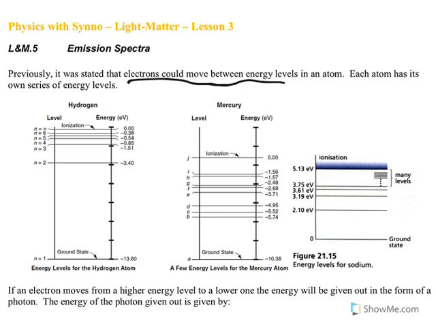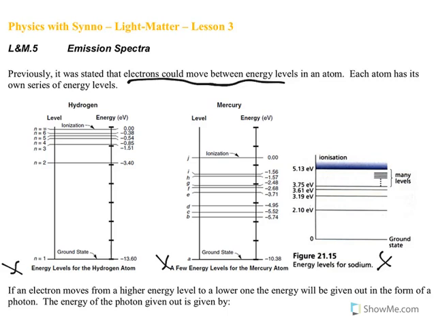Each atom, it turns out, has its own series of energy levels. Here are 3 examples: hydrogen on the left, mercury in the middle, and sodium on the right. You notice there's a couple of different ways it can be written and set out.